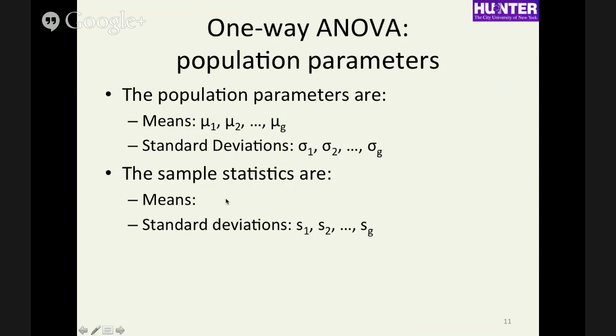I lost something here, but this should have been x bar 1, x bar 2, up to x bar, the number of groups that we have.